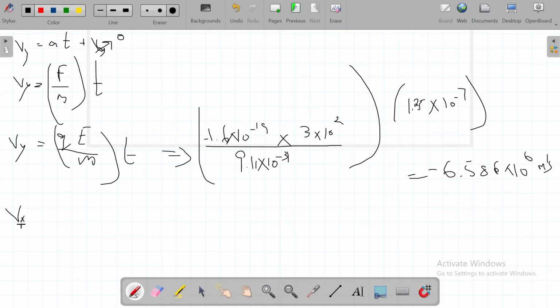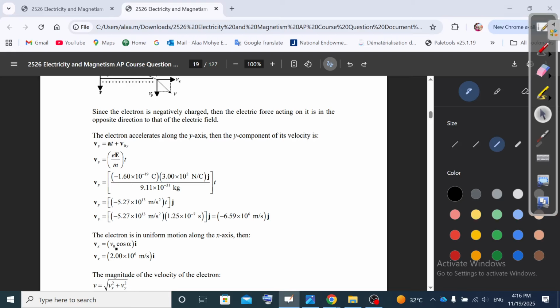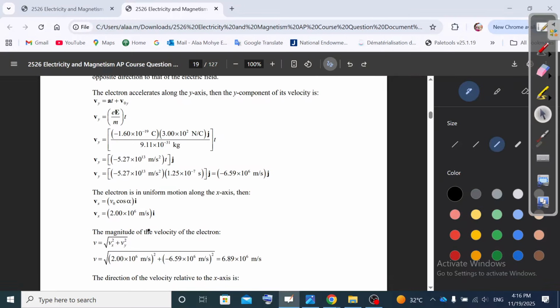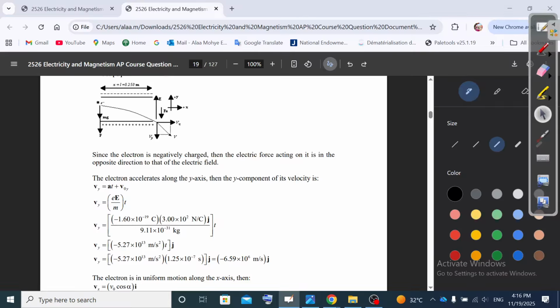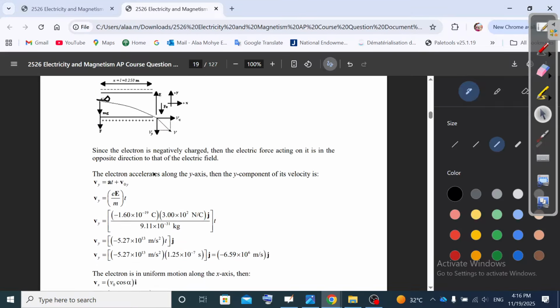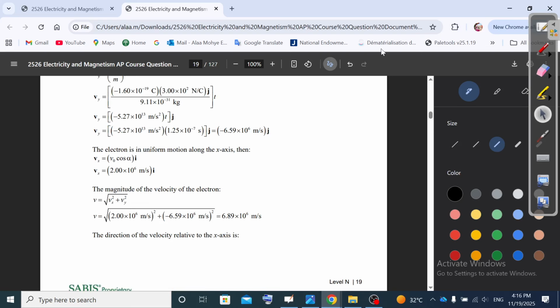Then you need to find the Vx, which is just simple. It's the V naught cosine theta, but the angle is 0 in the beginning, so it just remains the same. So your Vx will remain the same.